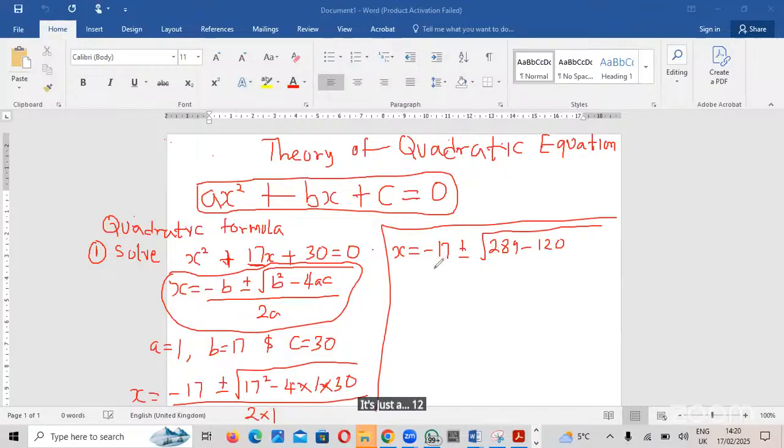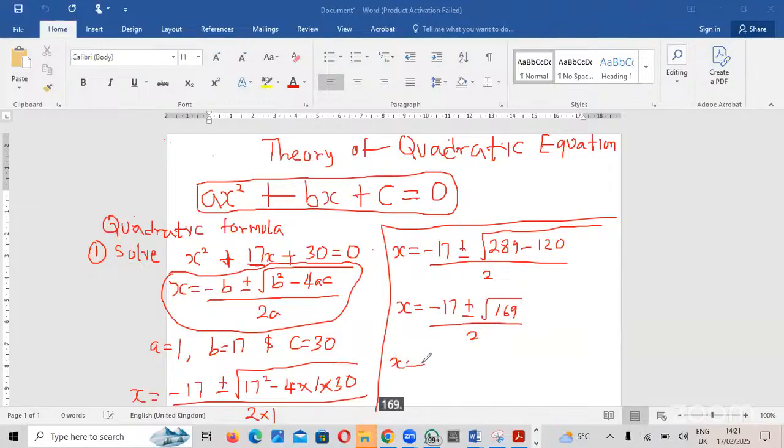So x is equal to minus 17 plus or minus the square root of 289 minus 120, which is 169. What is the square root of 169?